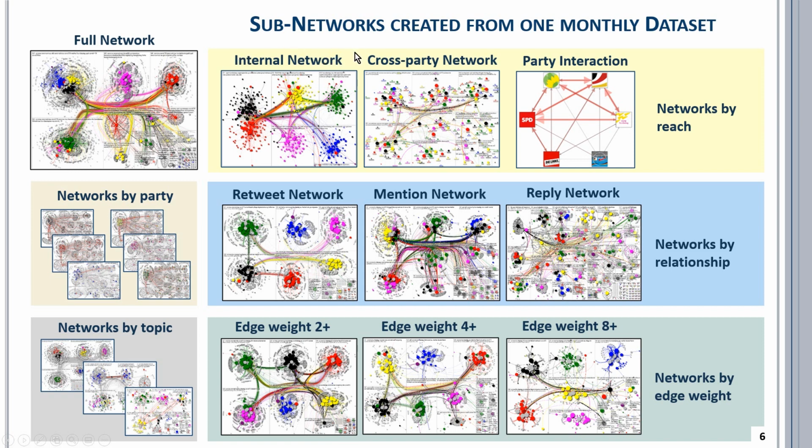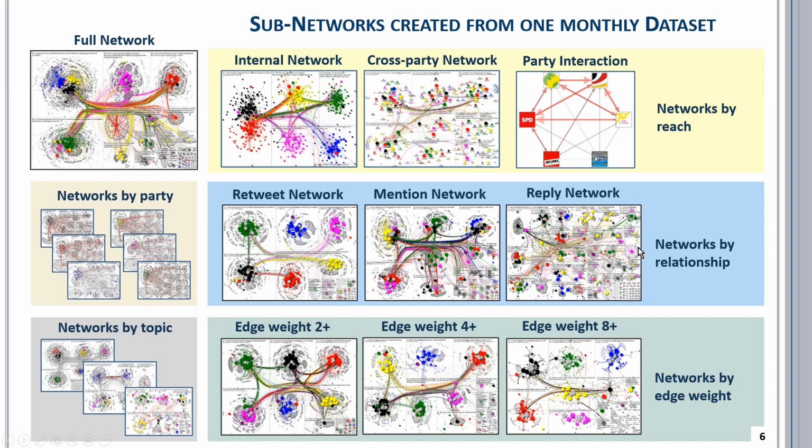This internal network can be filtered down even more to a cross-party network to look at what the politicians are saying when they talk to another politician from another party. And from this cross-party network, we can derive the party interaction network to see on the party level how the politicians are talking to each other.